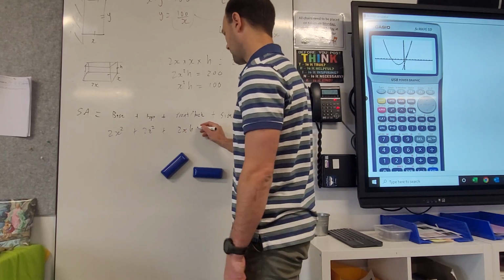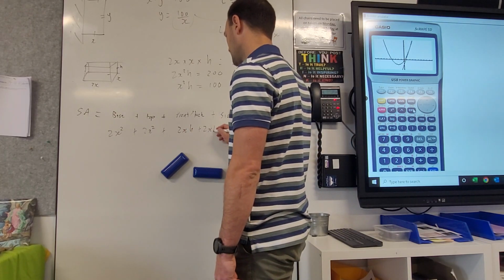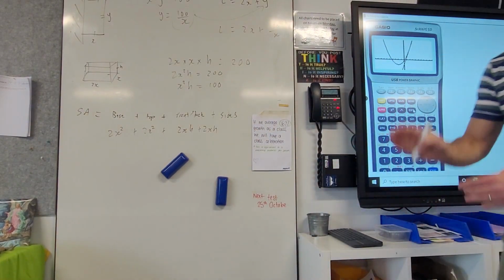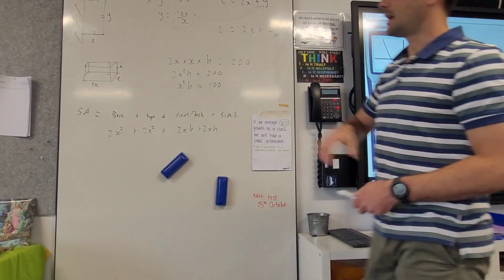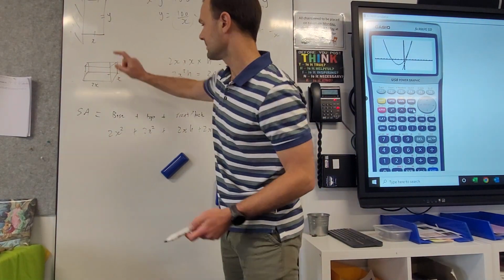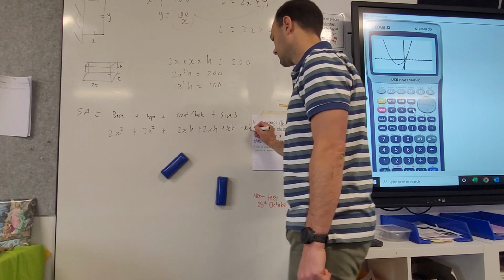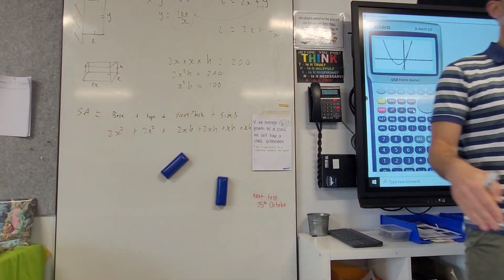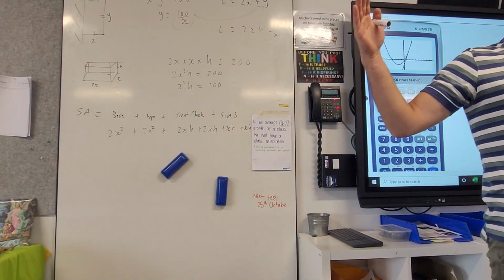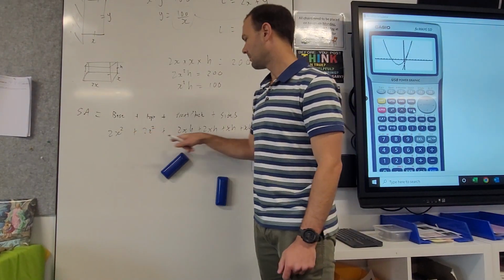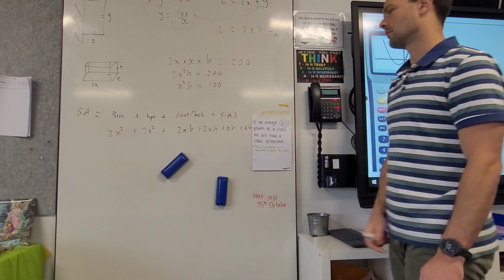So the front 2xh, the back 2xh. And then we've got the right side and the left side, and they are both x times h, right? All right, so we've got 6 surfaces: the bottom and the top, the front and the back, and the left and the right wall.